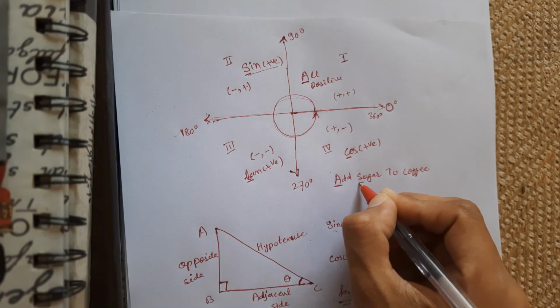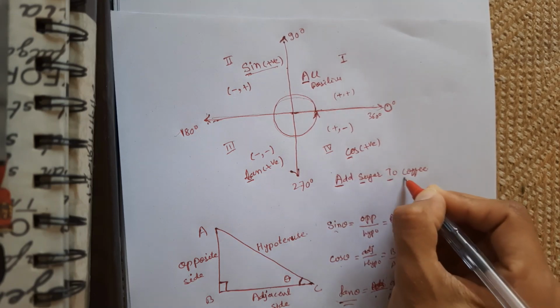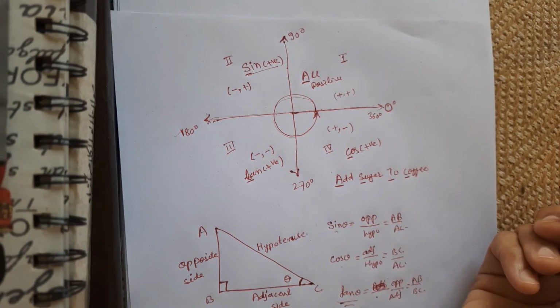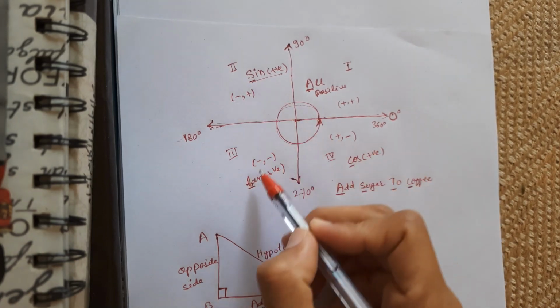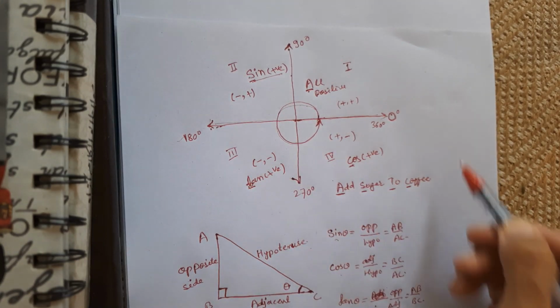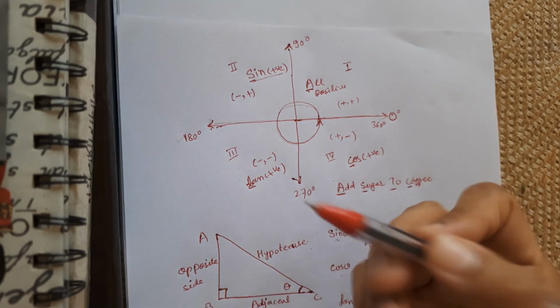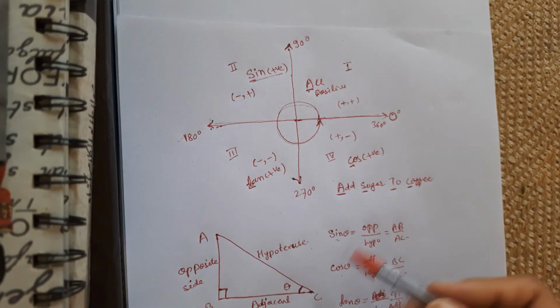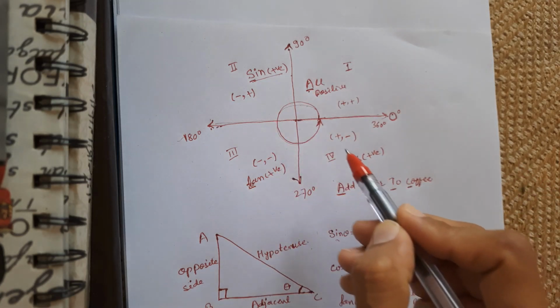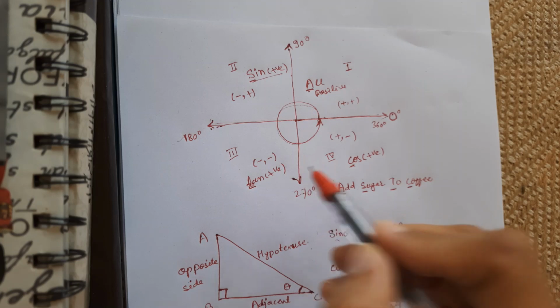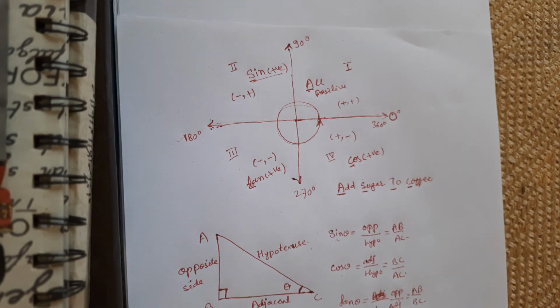All positive, sin positive, tan positive, cos positive. That's how you remember. These are positive, and every other ratio is negative in that quadrant. Remember this because we are going to need it.